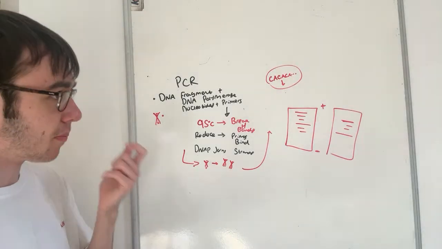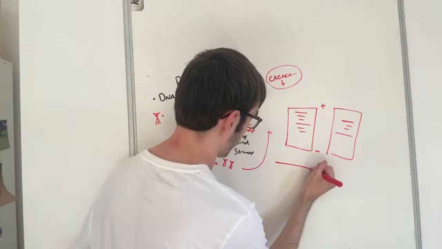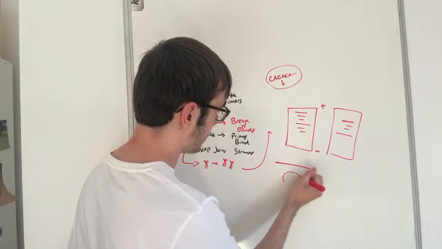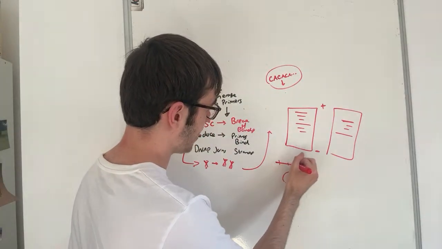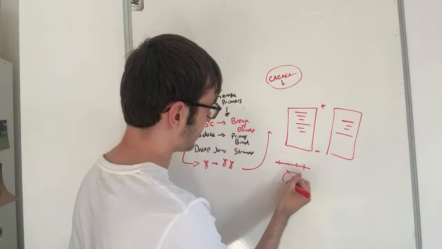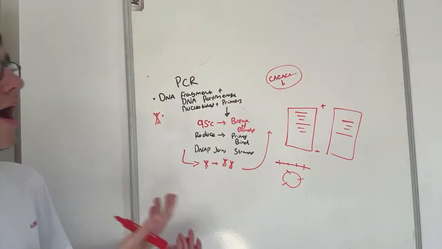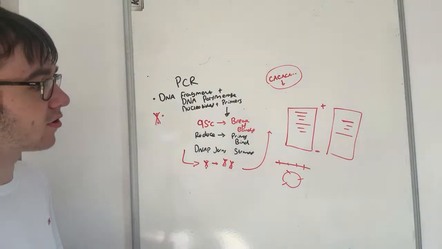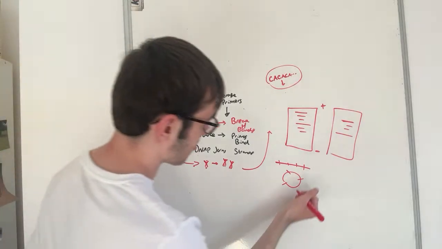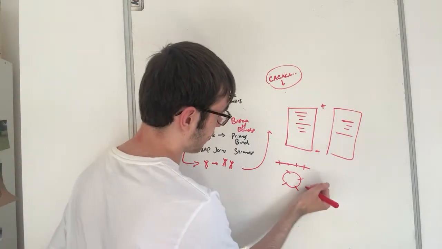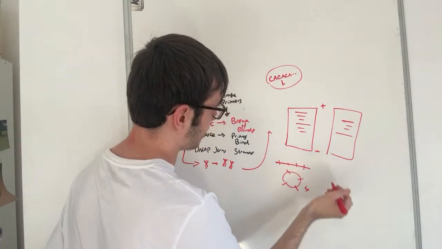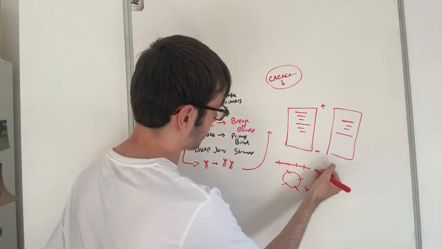I've seen the plasmids. I've seen questions where it will show you a linear strand and a circular strand, and it will ask you how cutting it will change the number of strands you get. So if you cut it 4 times in a circle, you're going to get 4. If you cut it 4 times in a line, you're going to get a different amount.